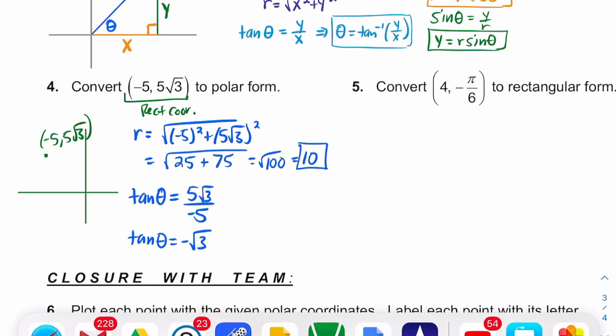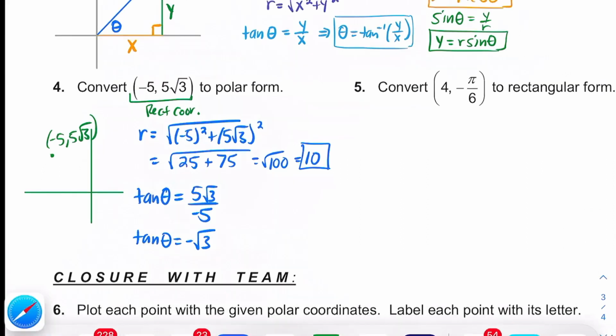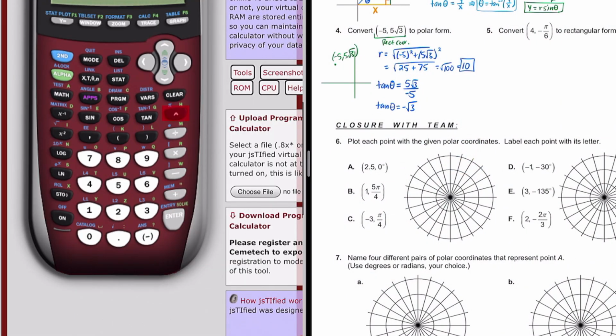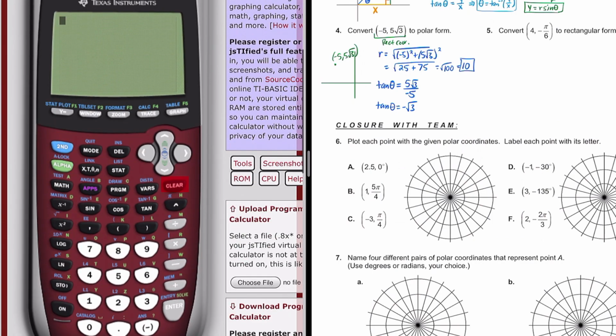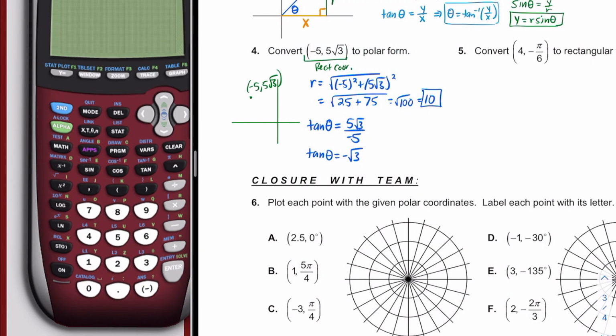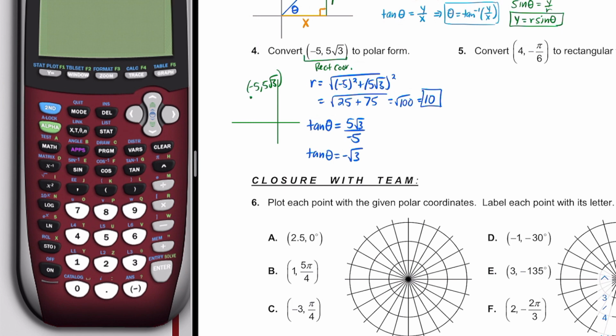So if we go to our calculator, we are going to use the inverse to solve for the angle. It's probably going to be easier if you put this in degree mode, because otherwise it will give us a decimal for the radians. So we want to do the inverse tangent of negative square root of 3.